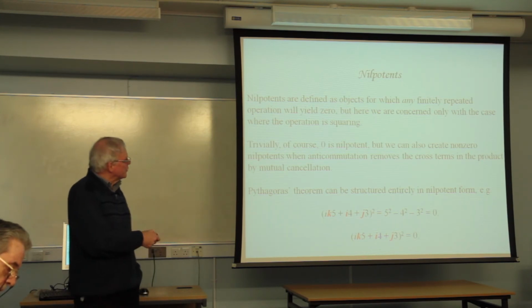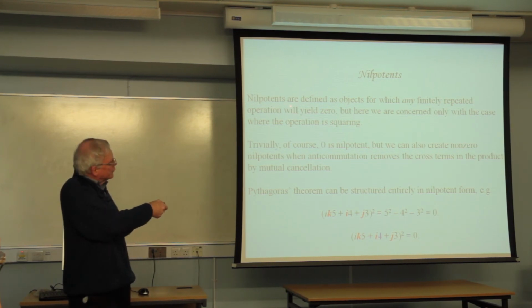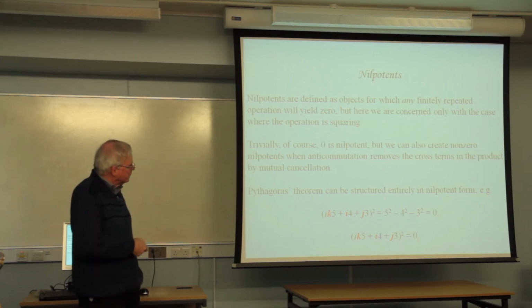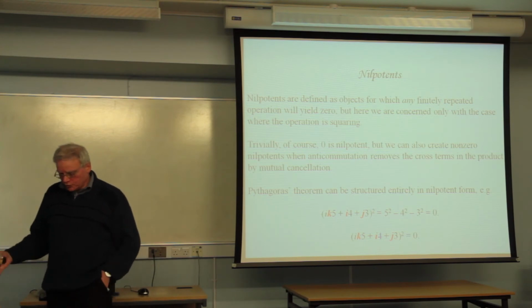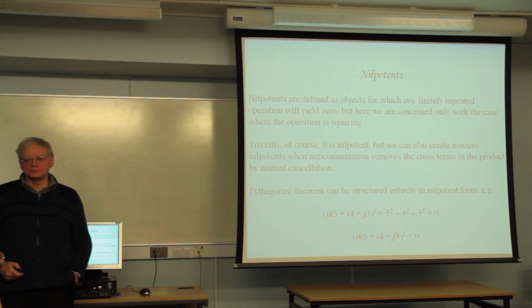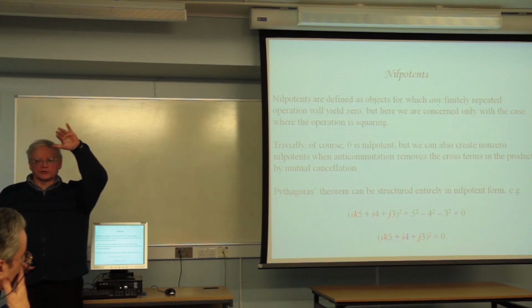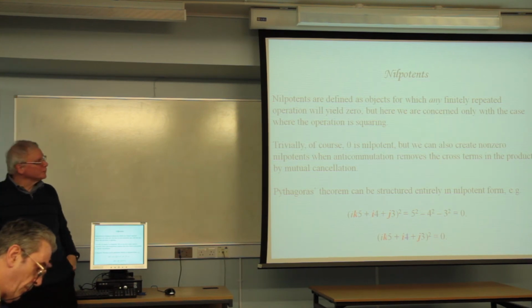Yeah. This is going to be more important to us immediately, and I'm going to talk about nilpotents because these will come into what I'm talking about. Nilpotents are objects for which any repeated operation eventually produces zero. You can get them with upper triangular matrices, for example. You just gradually reduce the matrices till the matrix becomes zero.